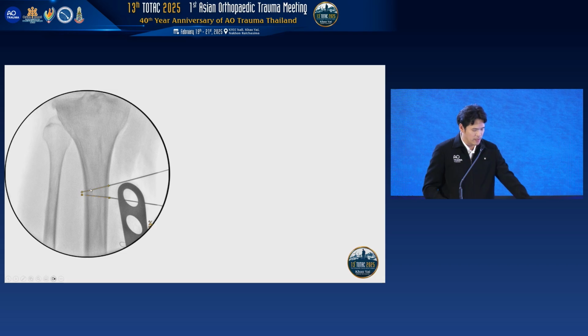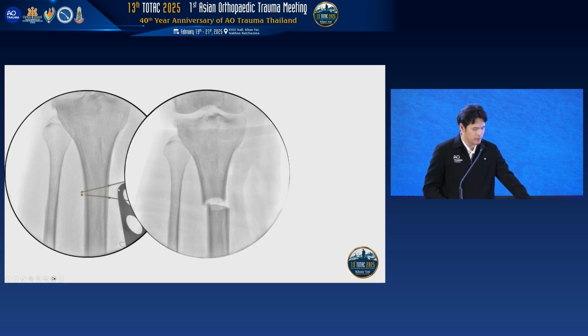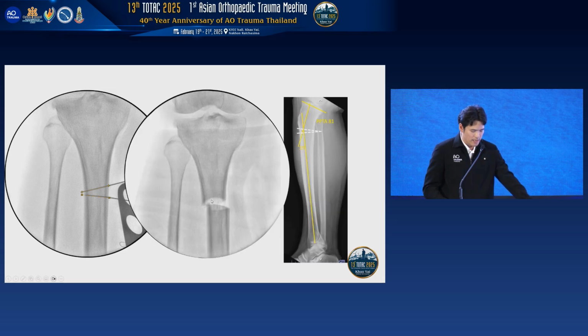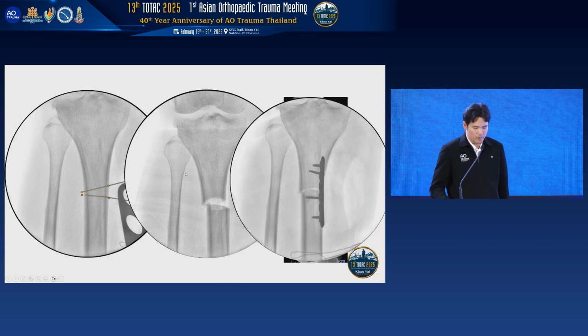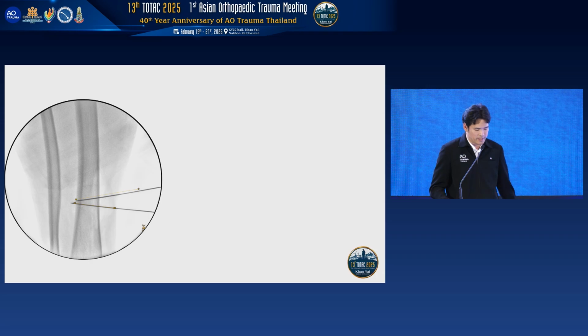We did the closing wedge osteotomy at the proximal one, and you can see that the osteotomy planes are not parallel, as we aim to cross the anterior wedge as well. And then we tried to reduce as perfectly as possible and maintain with a uni-cortical plate in the proximal metaphysis.